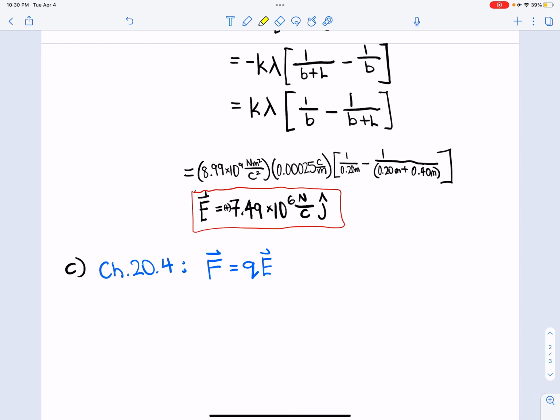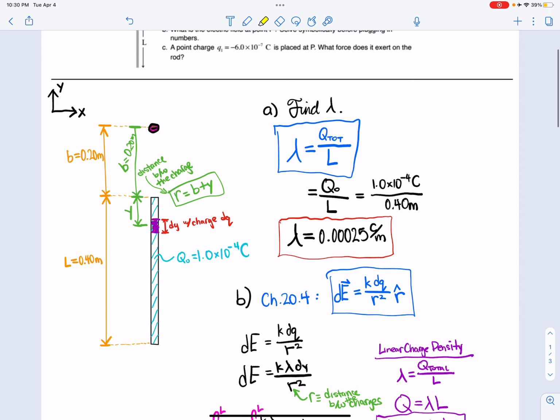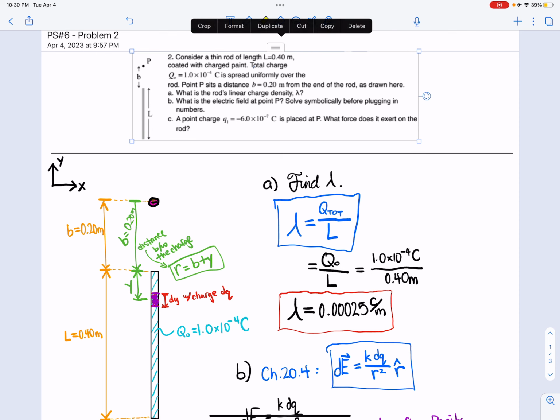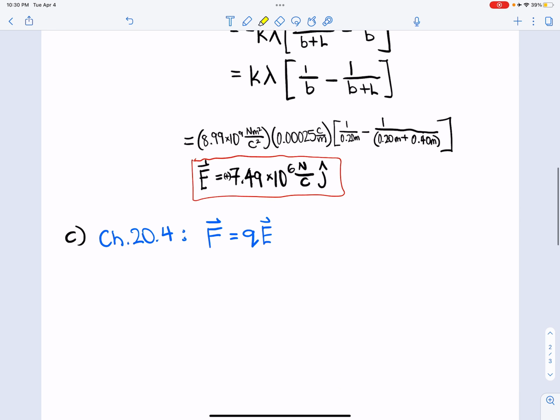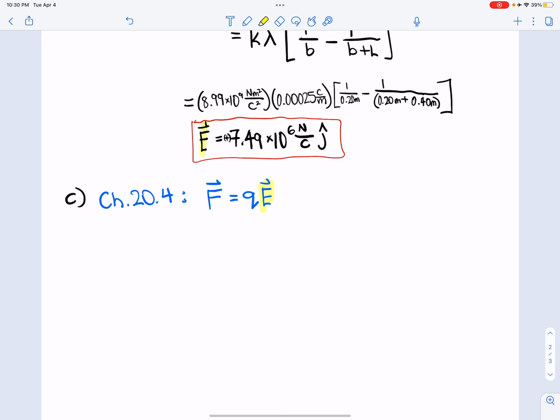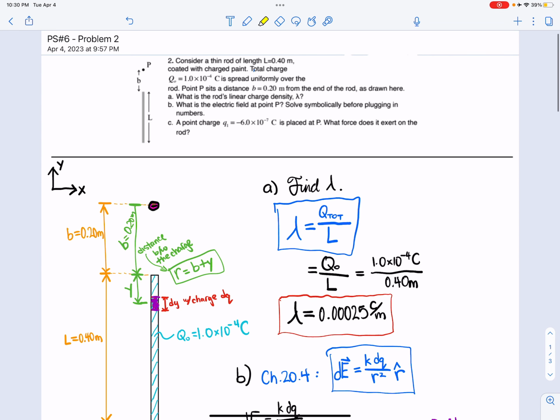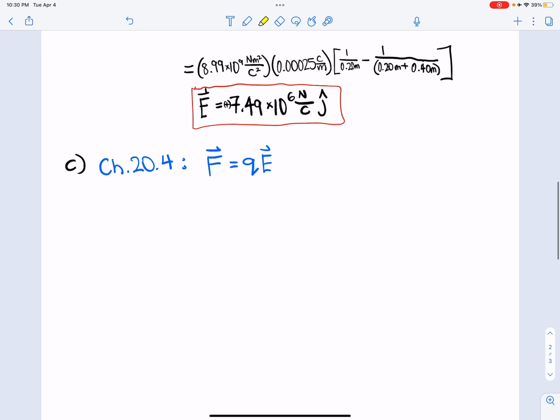It was negative 6 times 10 to the minus 7 coulombs right here. That's placed at point P, so it's now here. And then the electric field, we calculated in part B here. So we just multiply them together and we can find the value for the electric force, the force exerted on the rod by this Q, this point charge.